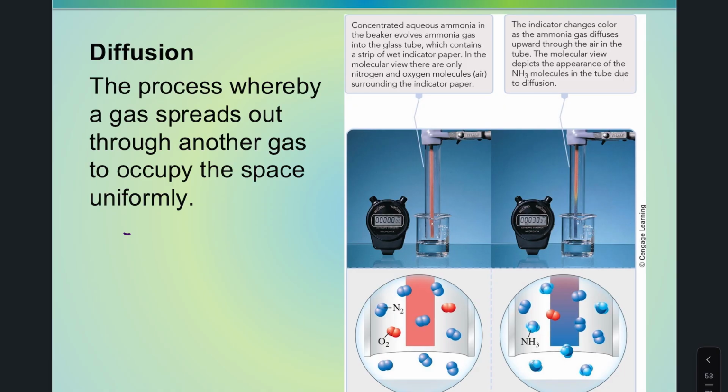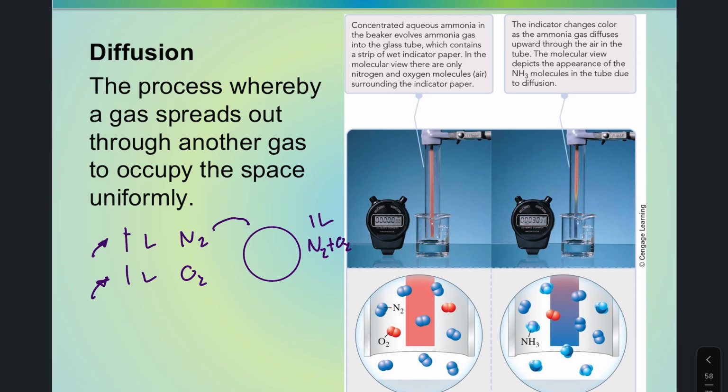So if you have 1 liter of N2 and you have 1 liter of O2, for example, and you put them both in the same container, that is a 1 liter container, even though you started with 1 liter of N2 and 1 liter of O2, you still have 1 liter of N2 plus O2, even though it is 2 separate liters. If you had these in different containers and you added them both into this 1 liter container, they're both going to take up the same amount of space. It's a little confusing, but let's see what happens here.